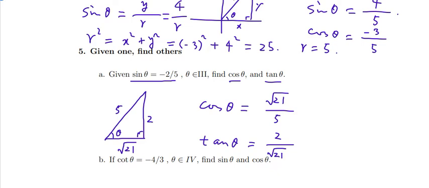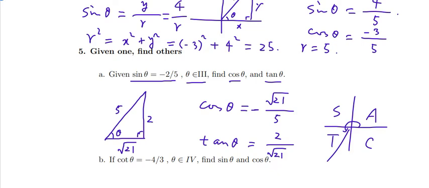Then we need to check positive or negative. So for positive or negative, we use this, right? All Students Take Calculus. So the angle is in the third quadrant here. So we know the tangent is positive here, and cosine is negative.